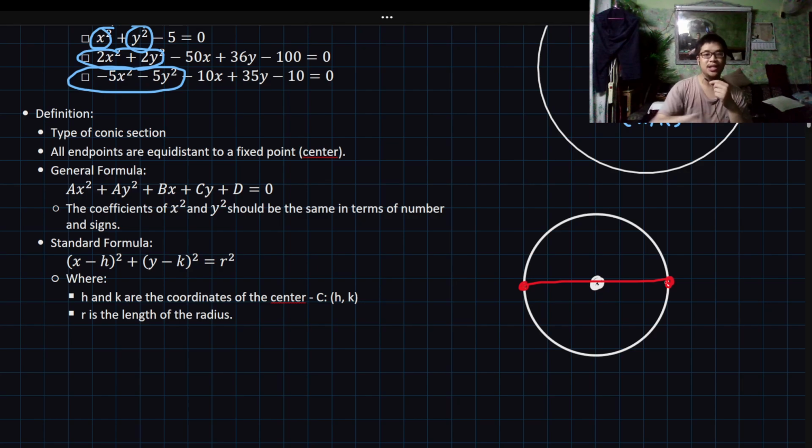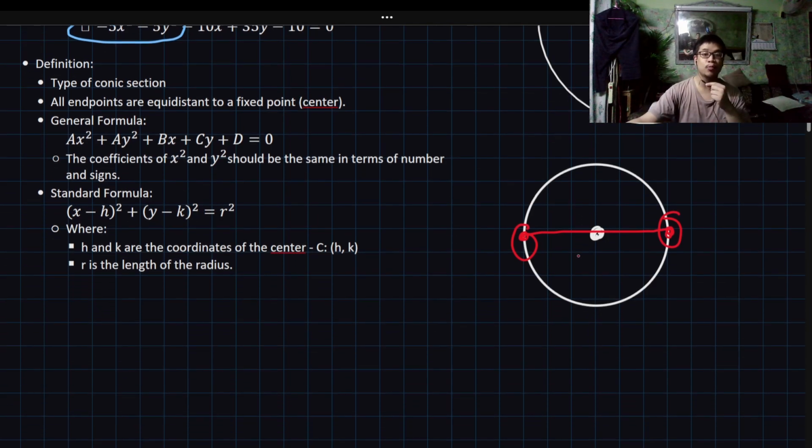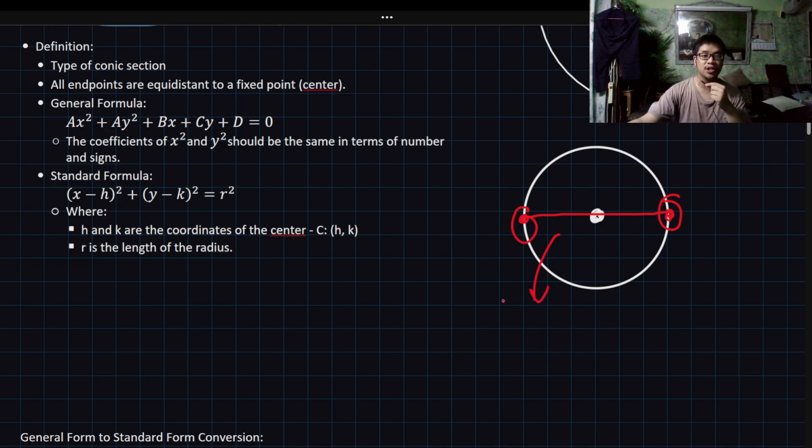And the endpoints are from the corners here. Now, a chord that passes through the center is not what you call radius. Rather, this is what you call diameter. Remember this.